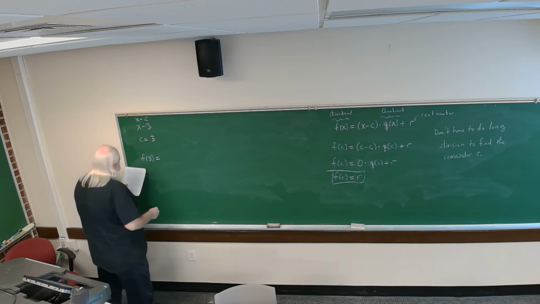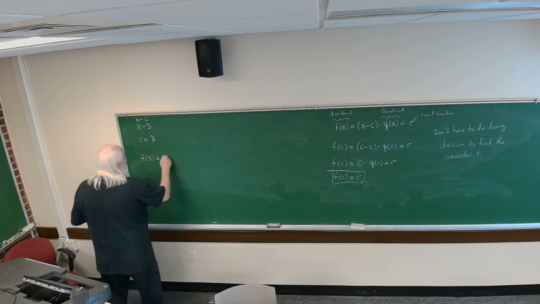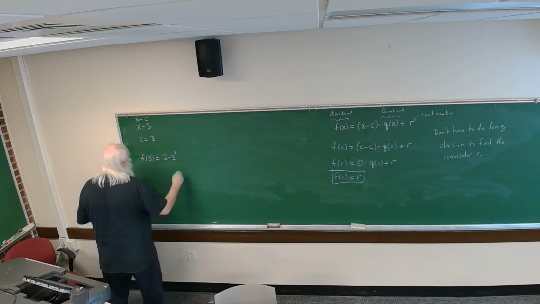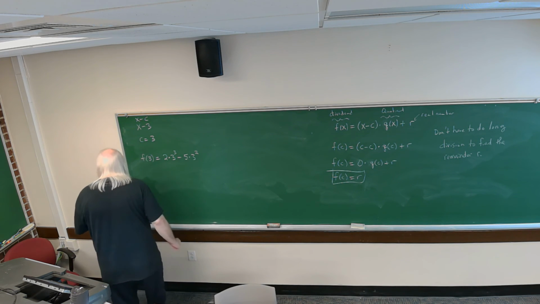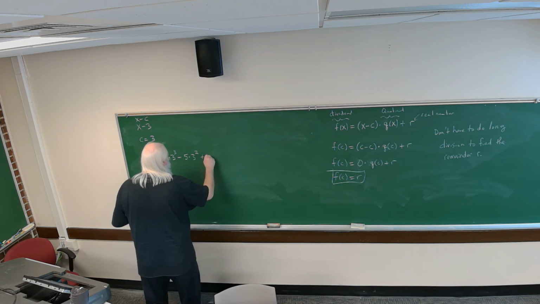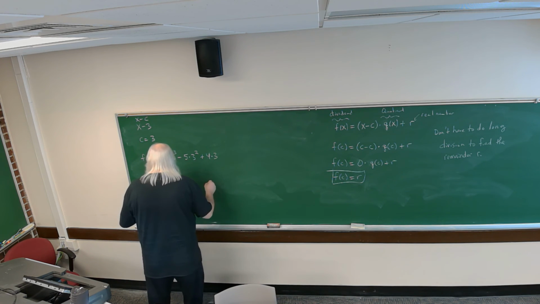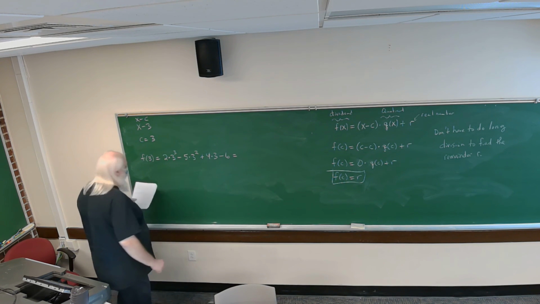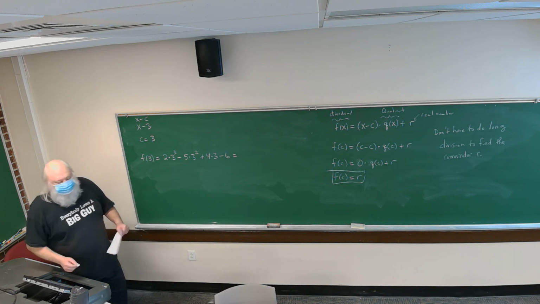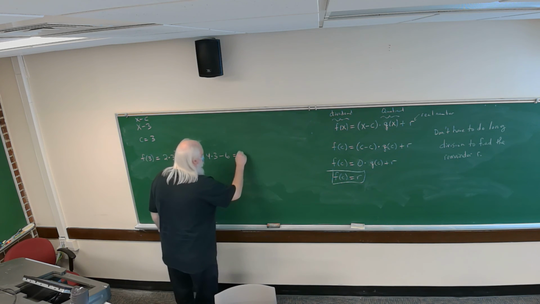And so f of 3 in this case is equal to 2 times 3 cubed minus 5 times 3 squared plus 4 times 3 minus 6. And when you do the arithmetic, PEMDAS, you should get 15 is the remainder.